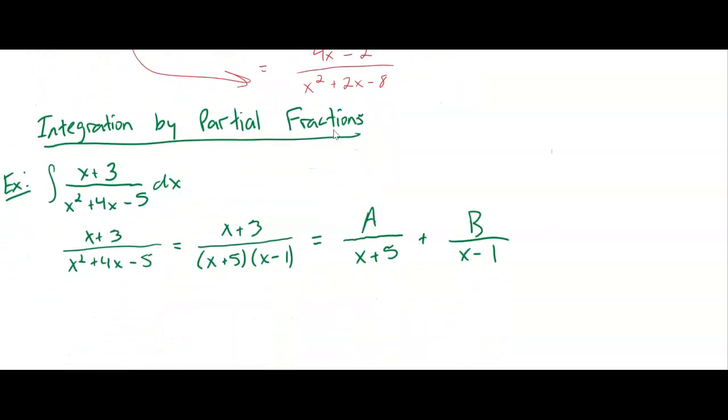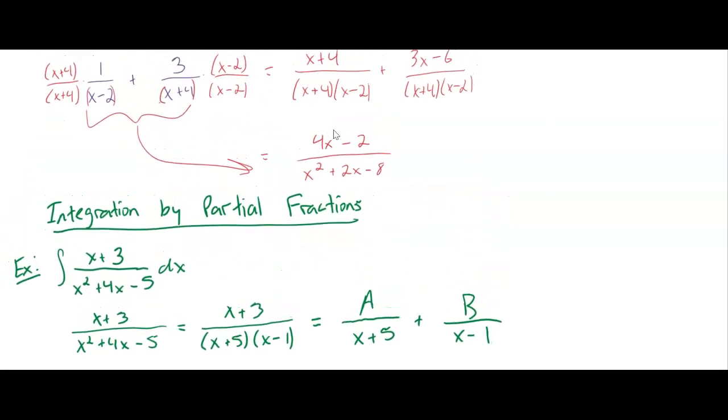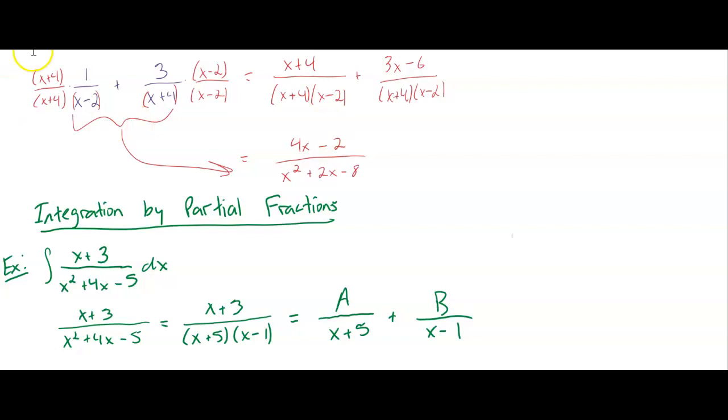So, what are we going to do? I keep referring to this previous problem, but what I'm going to do is almost exactly the same thing that we did over here, and that'll help me figure out the A value and the B value. You have to follow the algebra to see it.